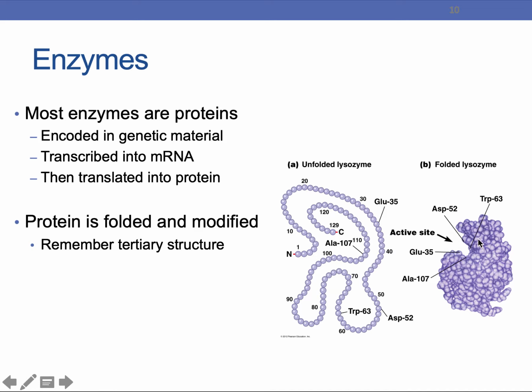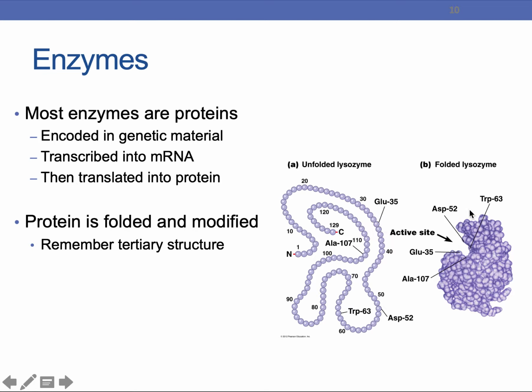Now, this lytic enzyme, for it to function, it needs the aspartic acid, the tryptophan amino acid, the alanine amino acid and a glutamic acid amino acid coming together.